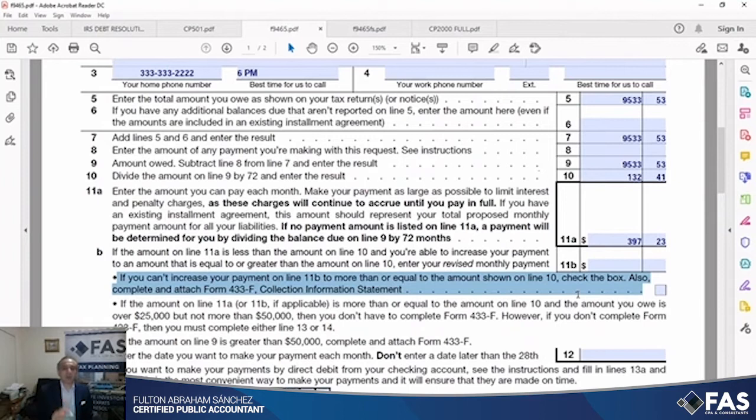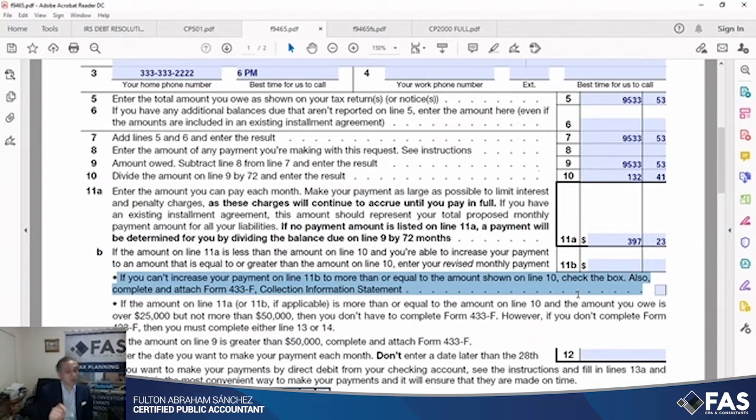But that is when you are broke, when you are in an economic calamity. If that is your case, I suggest you don't do an installment agreement and apply for an offer in compromise, because the IRS is going to request 6 months of bank statements, meaning that this has to be real.